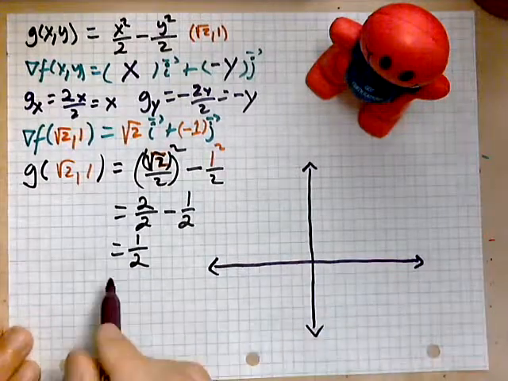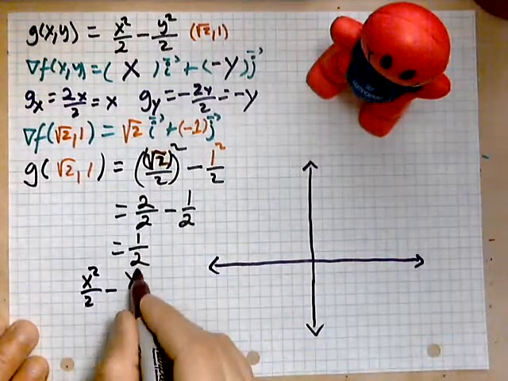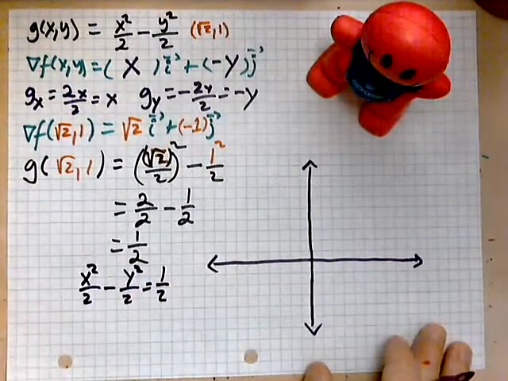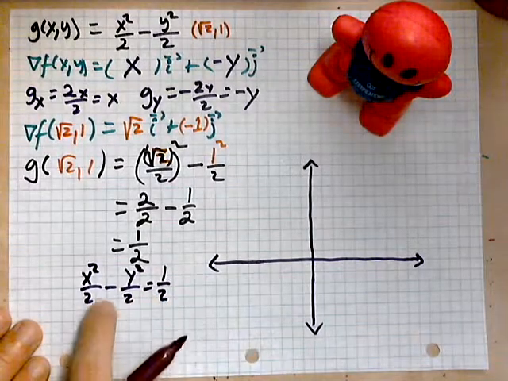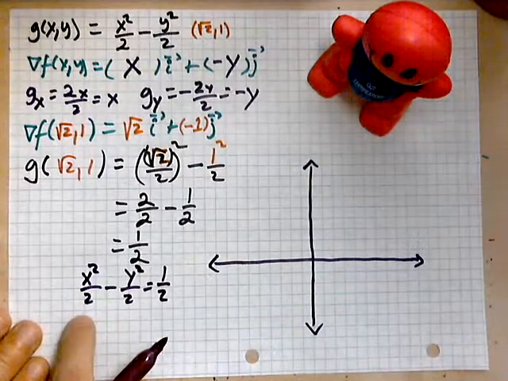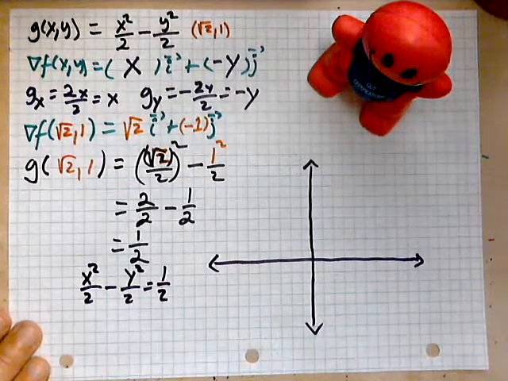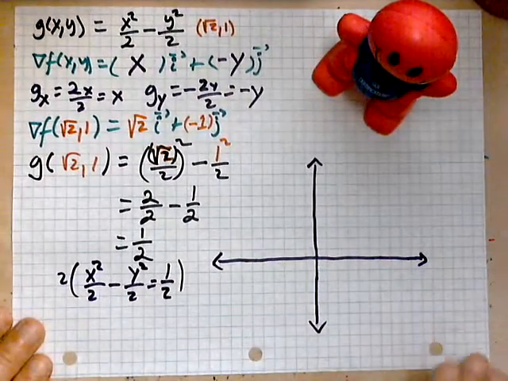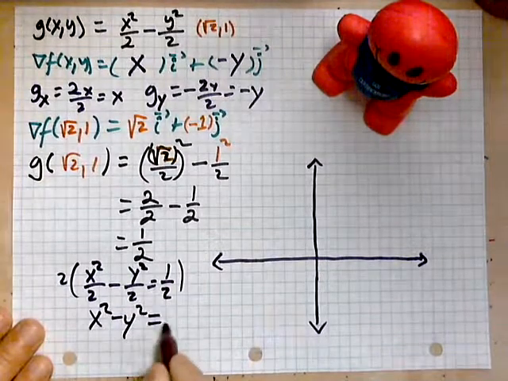In our case, the level curve is x squared over 2 minus y squared over 2 equals a half. Let's simplify this. This is a hyperbola, and we know because there's a negative between these terms. We can simplify this by multiplying the whole equation by positive 2. All that remains is x squared minus y squared equals 1.